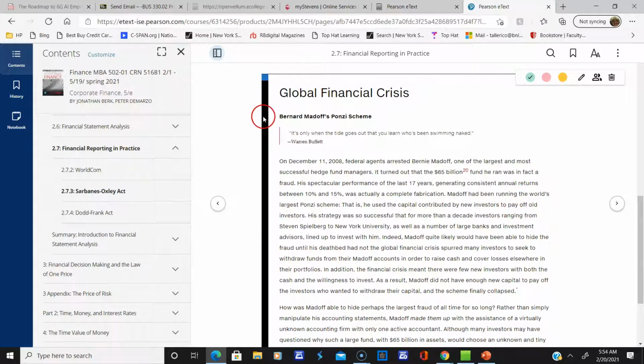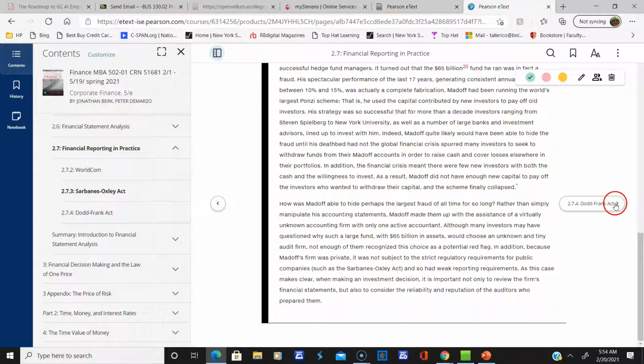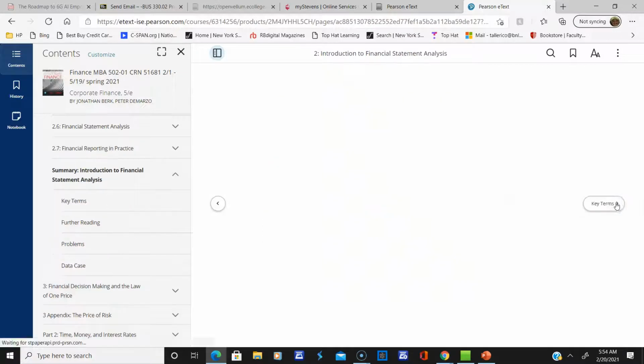And here's a section about the global financial crisis of 2008, about 13 years ago. This is really informational and it's great. And here's the Dodd-Frank Act, which came on the heels of the Sarbanes-Oxley Act. So all these acts are pretty important, and you should read about them.